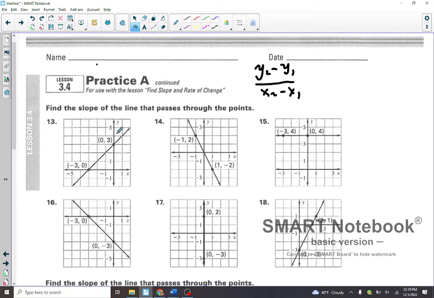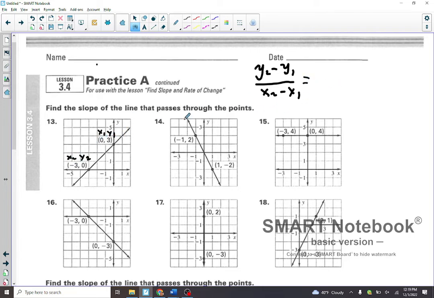So, when given the picture, you can use the formula. I'm going to call this one x1, y1, and I'll call this one x2, y2. If you reverse it, you still will get the right answer. If you call this one group 1 and this one group 2, you will still get the right answer.